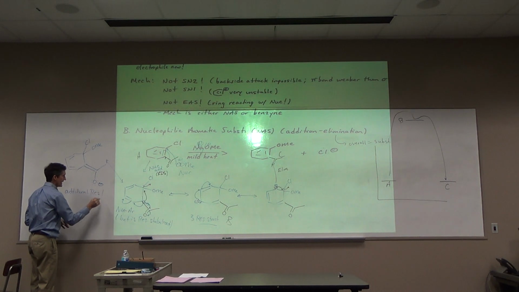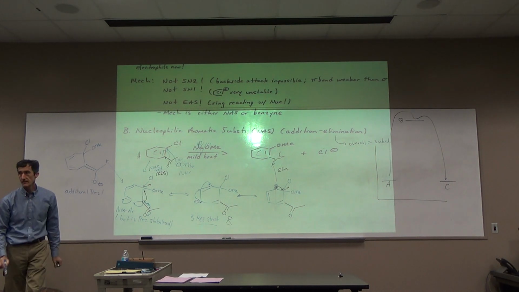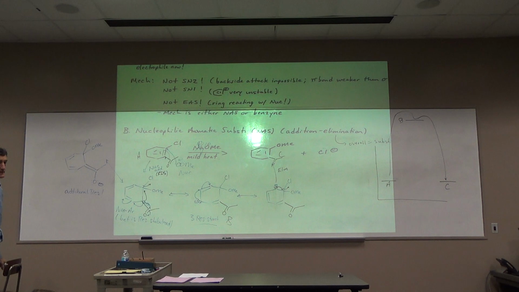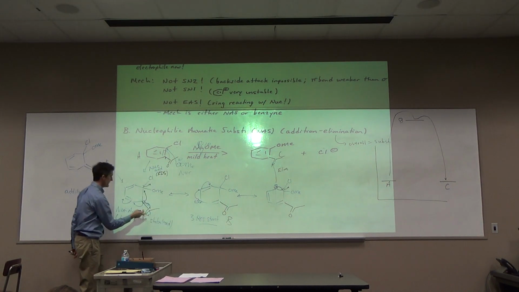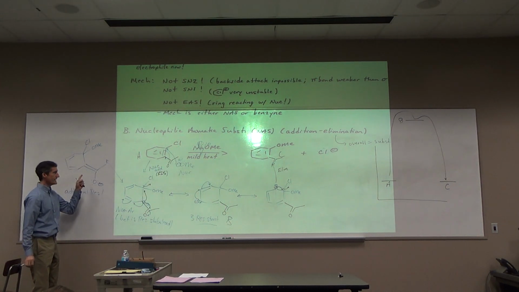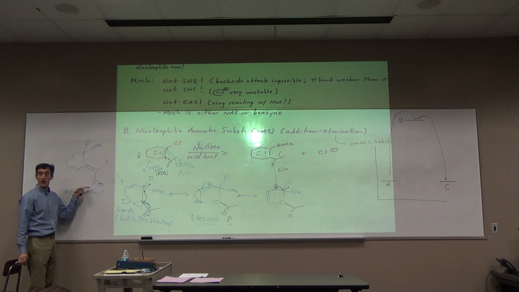We have an additional resonance that stabilizes the intermediate. But more importantly, it's not just any old resonance structure. Here, the charge is on carbon, minus on carbon, minus on carbon. Where's the minus now? On oxygen.